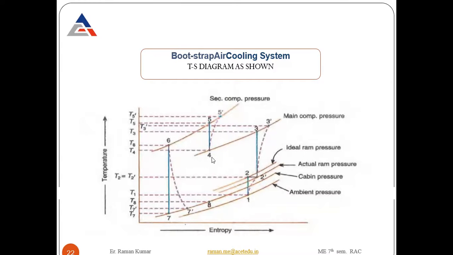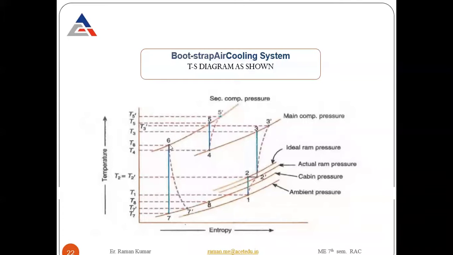Then, when its temperature is reduced, it again passes through the secondary compressor from 4 to 5. Okay. But due to internal friction, actual temperature increases from 4 to 5 dash at constant pressure. Then it passes through the second heat exchanger from 5 dash to 6, where again its temperature gets reduced at constant pressure.